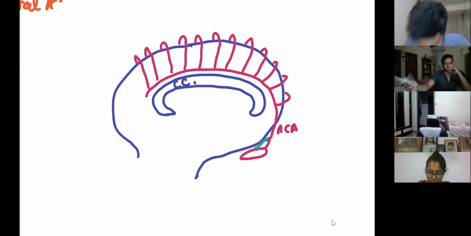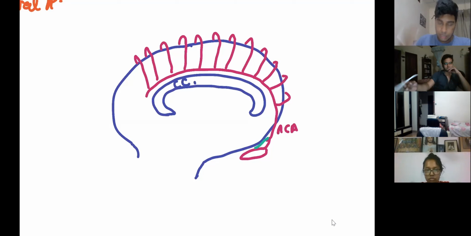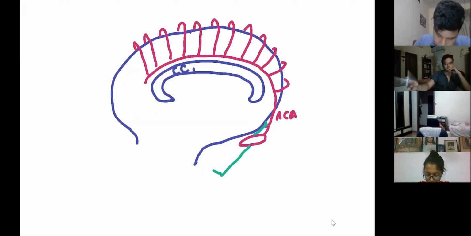The middle cerebral artery travels to the side. Since we have cut one side, I can't show you here, but basically it comes out like this and supplies the lateral aspect. So the anterior aspect is from the ACA, the lateral aspect is from the MCA, and the posterior aspect is from the PCA.